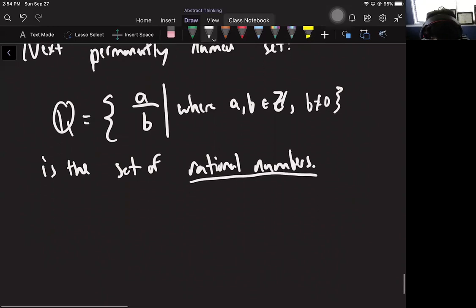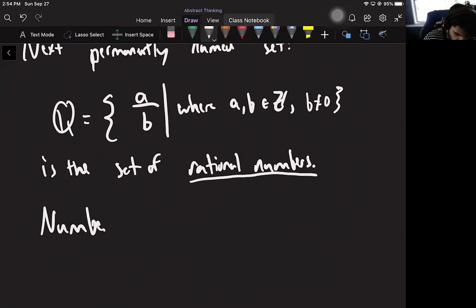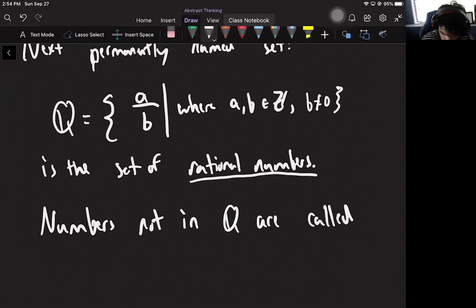So lots and lots of numbers are in here, like 1/2, 1/3, 10/7, negative 10/7, all those types of fractions. And there are also lots of numbers not in there. So numbers not in Q are called irrational numbers.